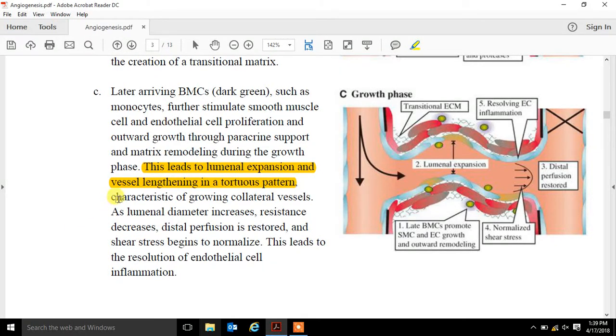As they increase, as you'd expect, we start seeing a decrease in resistance. We get a restoration of flow down here, and shear stress begins to normalize. It's widened out. We've removed that stimulus, and it tells the vessel to stop growing.